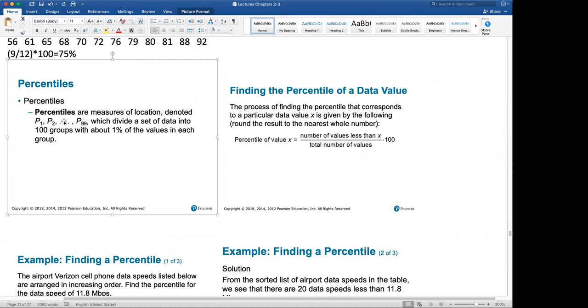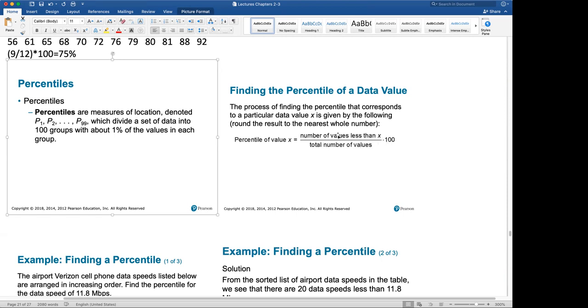For example, what about P99? What does that mean? P99 means that 99% of the data values are below the data value corresponding to P99. Then the process of finding the percentile that corresponds to a particular data value x is given by the following. Round the result to the nearest whole number. The percentile of value x is the number of data values less than x divided by the total number of values, times 100.